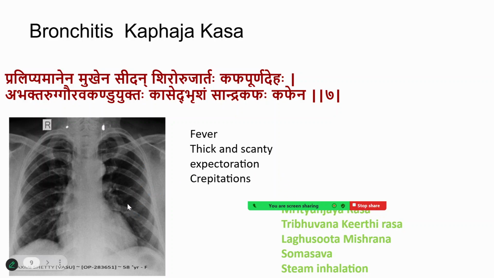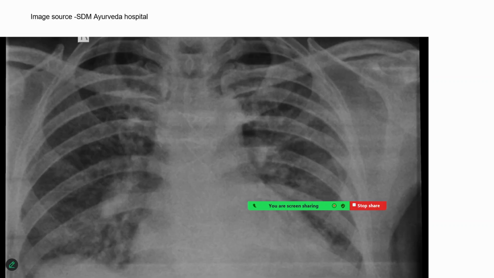Crepitations are due to the movement of air through those fluid layers at the alveoli. And in such conditions, usually we can manage the patients easily with Mrityunjaya, Tribhuvana Kirti, Lavasudhamshana, considering it as a Kaphajakasa. And steam inhalation may be one of the options to ensure that the alveoli are emptied and the sputum is clear. The air exchange would be better.